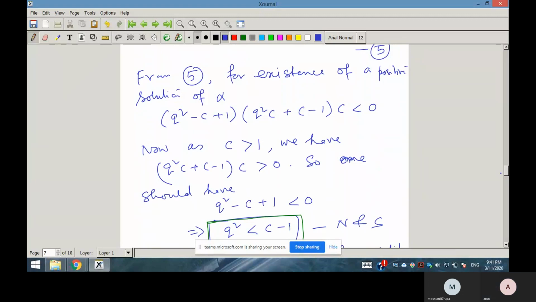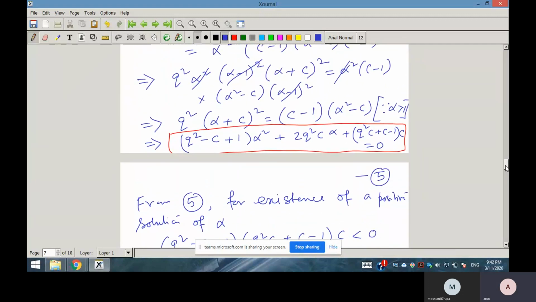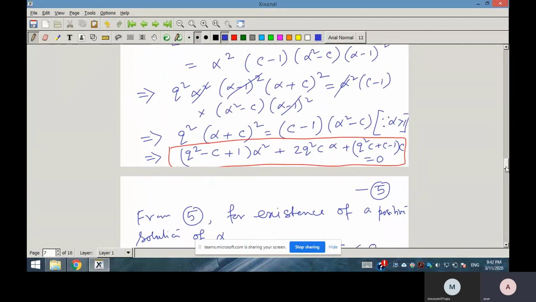And here C is greater than 1, and Q square C is positive. So that's why this is also greater than 0. So this is the condition for the existence of a positive, valid solution.